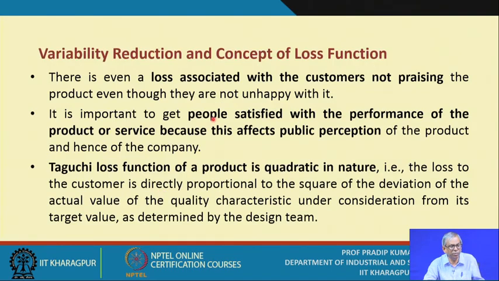So loss should be minimum. Now, there is even a loss associated with customers not praising the product, even though they are not unhappy with it. So this is the ultimate test, in fact. So you have to be very careful about the customer's actual opinion regarding the performance or the quality of your product.